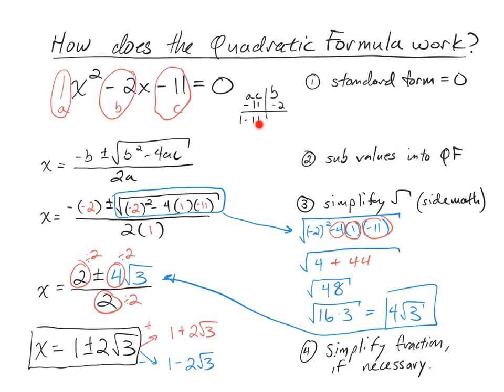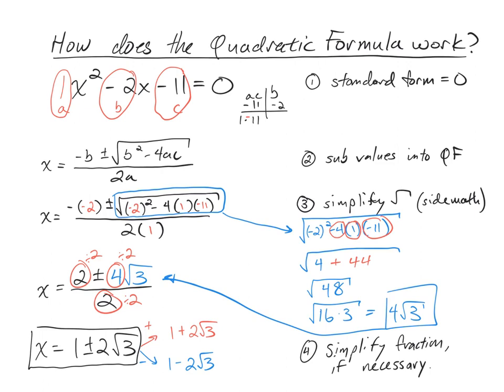In fact, the larger one will have the sign of B, so this will be a negative 11. This is the only possible set of factors we could have for negative 11 in this scenario, but these 2 factors do not add up to negative 2.